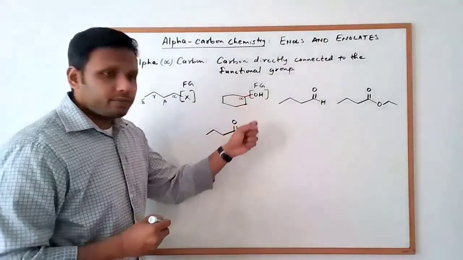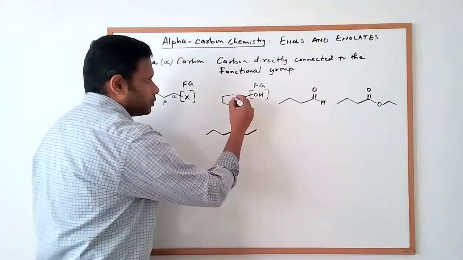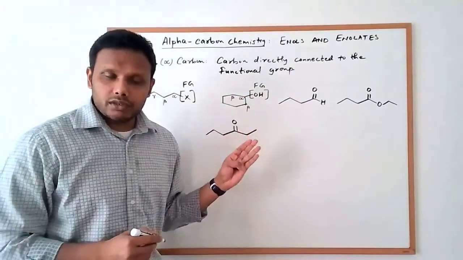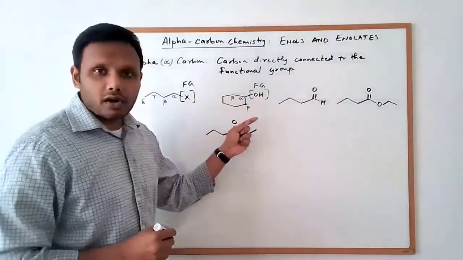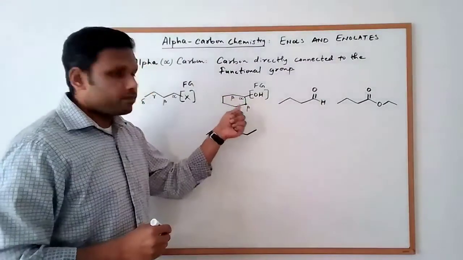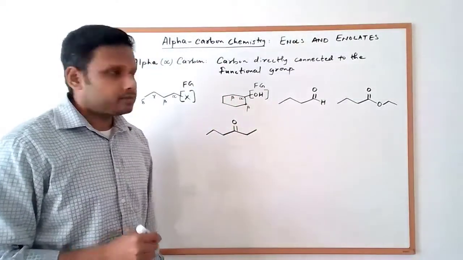And now notice in this particular molecule, we have two beta carbons. Because there is symmetry in this molecule, the two beta carbons are equivalent. They're identical, okay? So they're both beta because there is symmetry in the molecule.